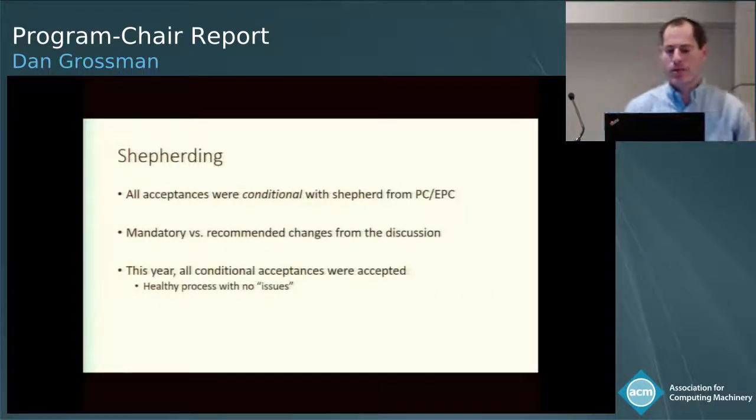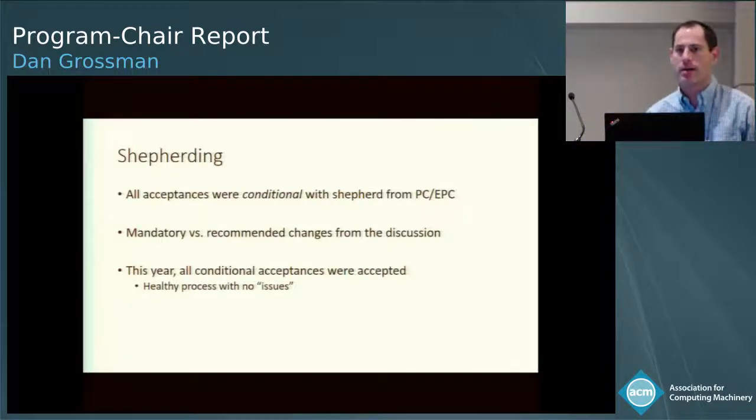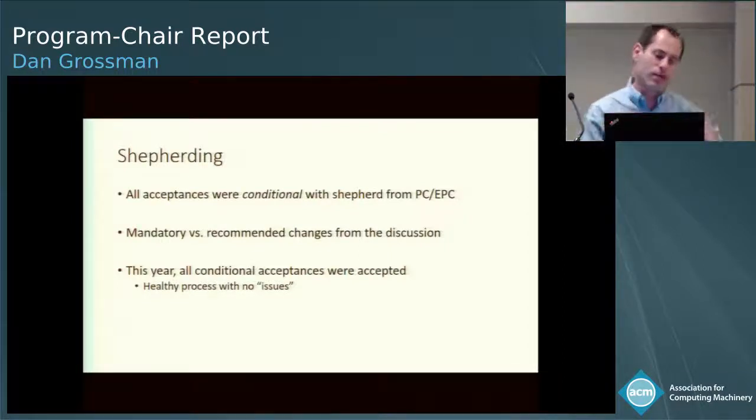All acceptances were, in fact, conditional. So every accepted paper to PLDI was assigned a shepherd, and we told authors that, in fact, your acceptance is a conditional acceptance. The discussion at the PC meeting was really focused oftentimes on: are there mandatory changes, things that the shepherd needs to insist on, versus changes that we highly recommend, but the acceptance isn't conditioned on them.